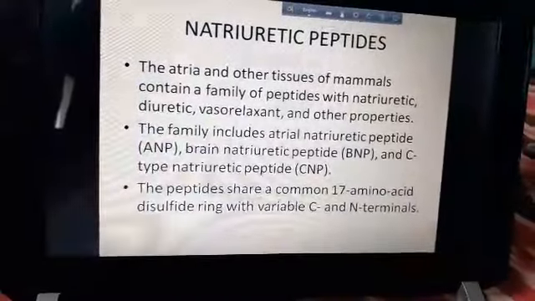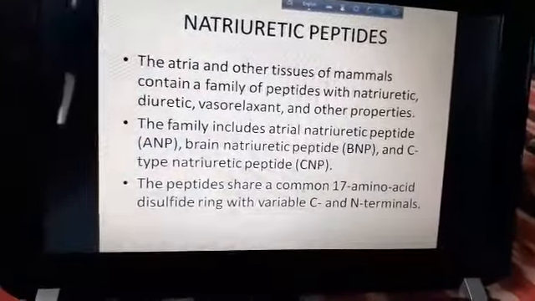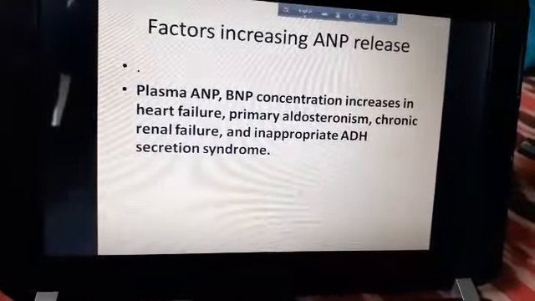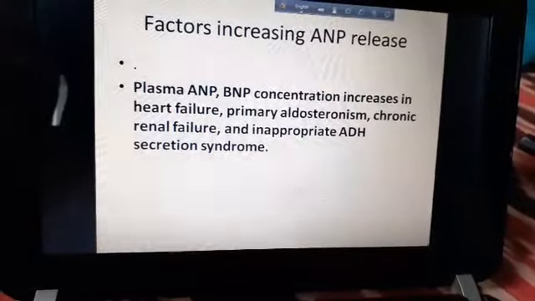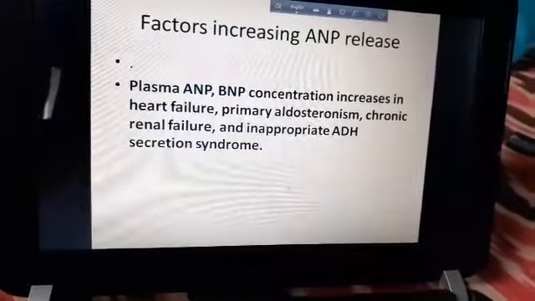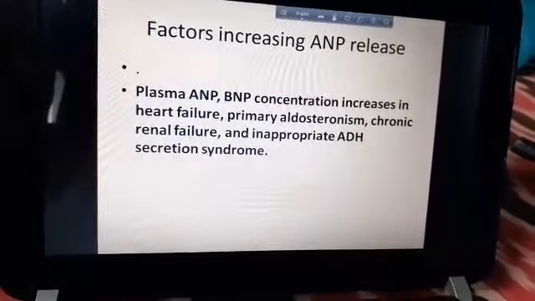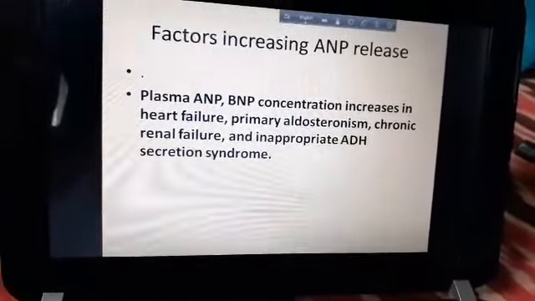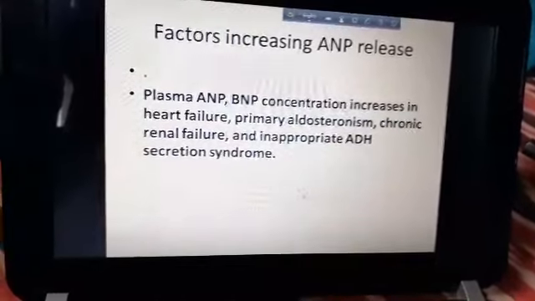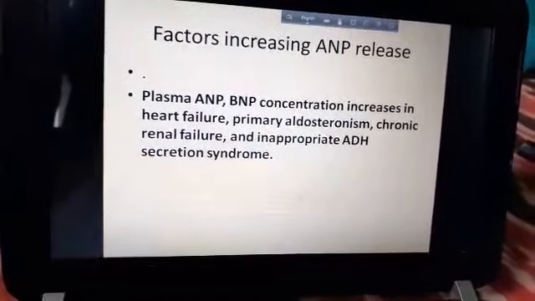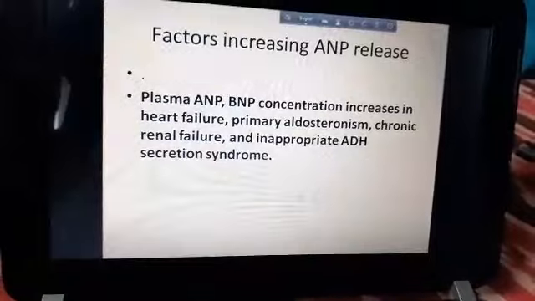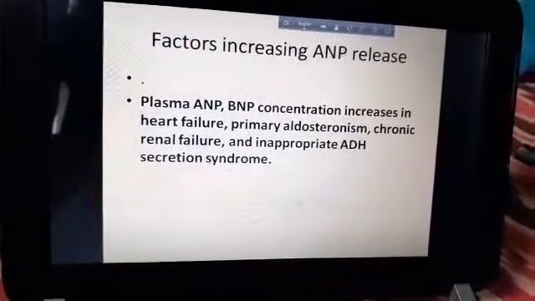The peptides share a common 17 amino acid disulfide ring, and they are released when there is stretch in the atrium. When there is heart failure, the heart size generally increases because there is remodeling of the heart, and that tries to increase the blood supply to the other organs, but ultimately it fails.